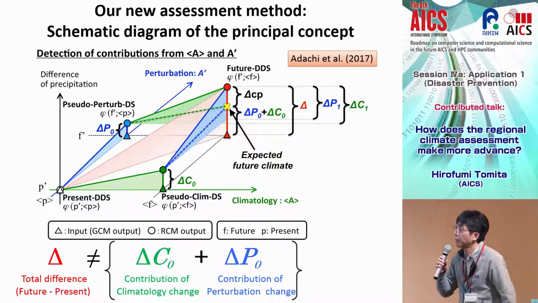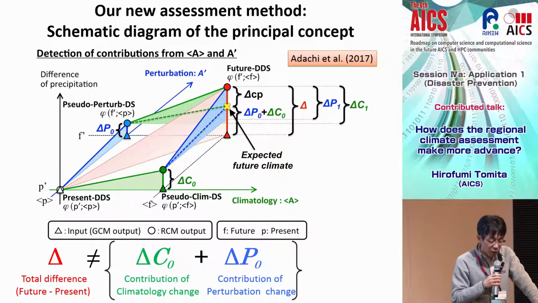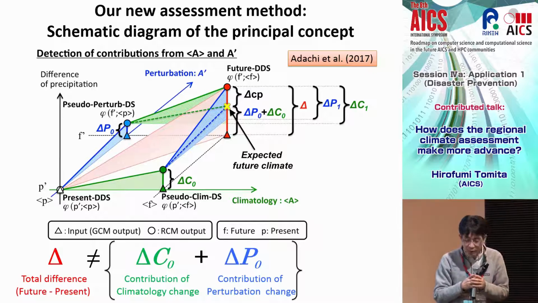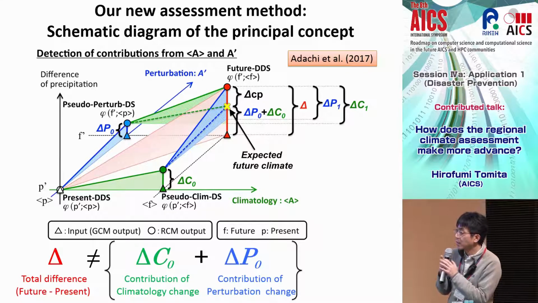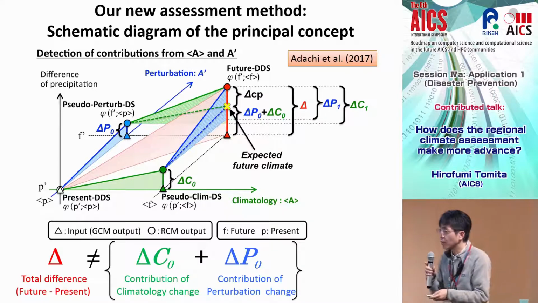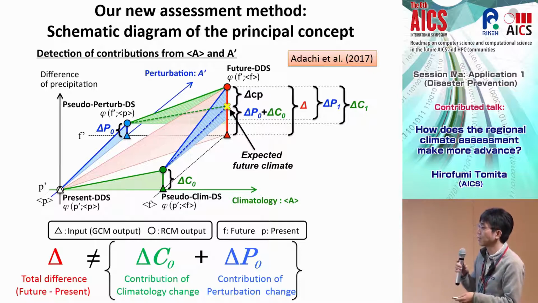So this picture shows our new assessment method, a schematic figure of the principal concept. Delta red is the total difference. In this picture, the example is precipitation. So this is the total difference from the present to the future climate.